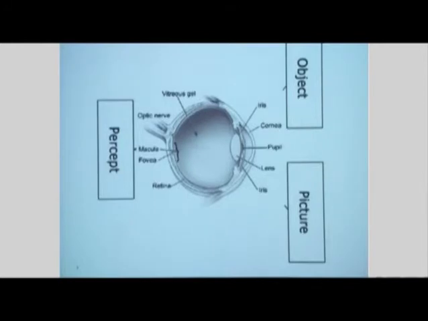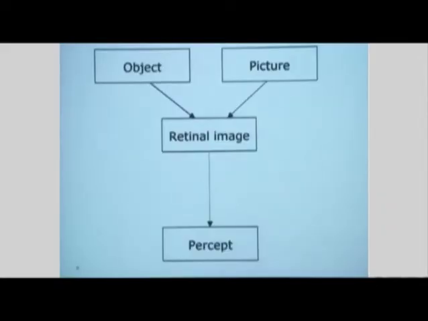And the picture here shows that each of the things that we look at forms a retinal image. The retinal image is just an area on the back of our eye where there will be a picture, an image of the thing that we see. So if we come back to the right way around, what I want to suggest, as most people that work in perception do, is that there might not be an exact one-to-one relationship between the retinal image, or the object, or the picture, or the typography, and what we perceive.